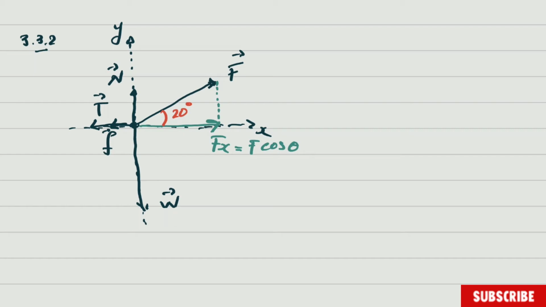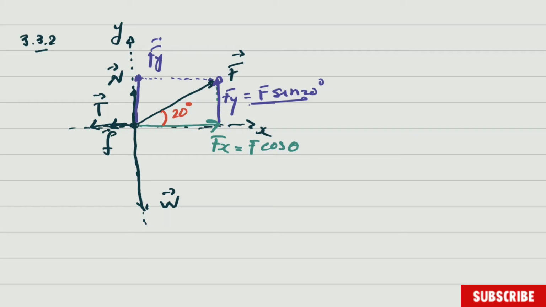When you break the force in the perpendicular component, the y-axis, you will get F in y, and you can see that is a y, not a g, be careful. F in y is equal to force multiplied by sin of 20 degrees. You can see it's the opposite side. So this is important.